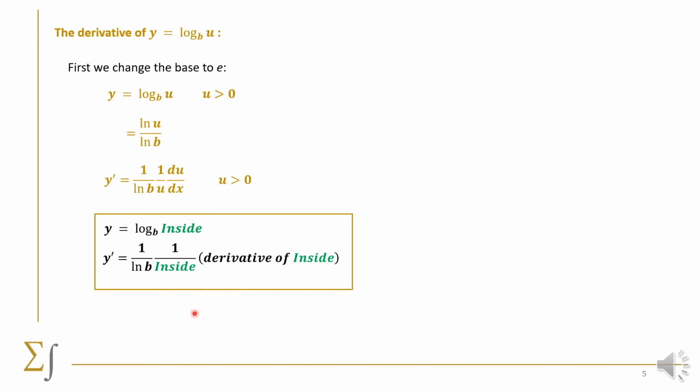Now we move to an example. Differentiate y equals log base 3 of x squared plus 5x. Here we are using this way of differentiation for the logarithmic function where we have the base b equal to 3.